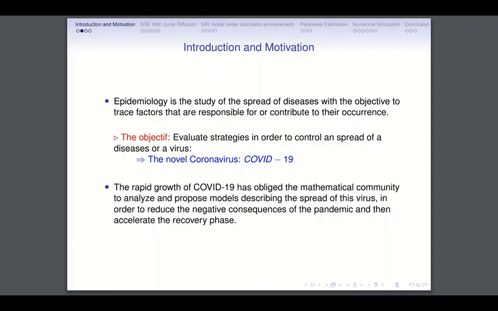This novel coronavirus has caused a large-scale infection in the whole world since its appearance for the first time in Wuhan, China. This has led to a significant impact on lives and the economic world. The rapid growth of COVID-19 has obliged the mathematical community to analyze and propose models in order to reduce the negative consequences of this epidemic and accelerate the recovery phase.